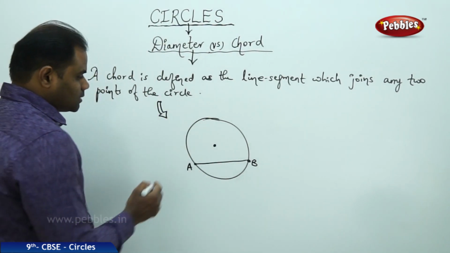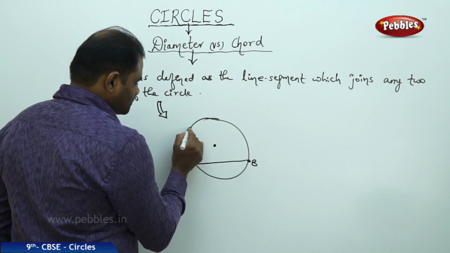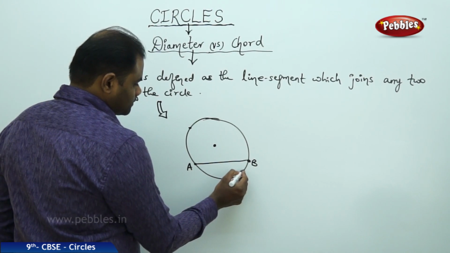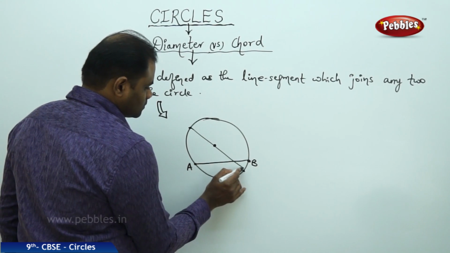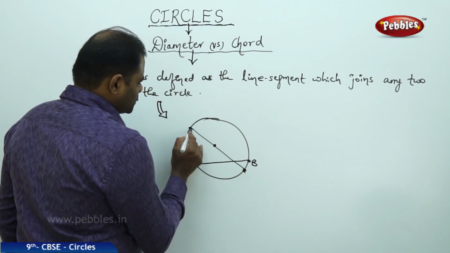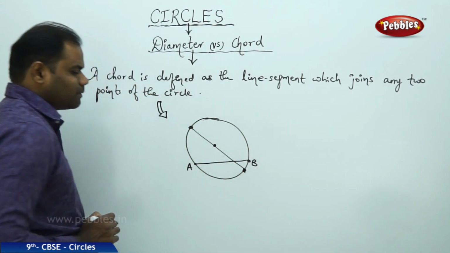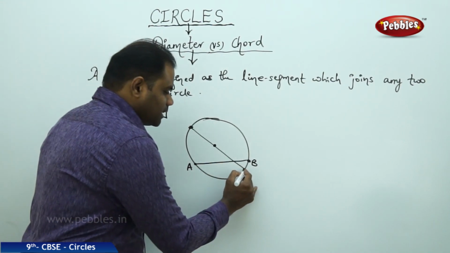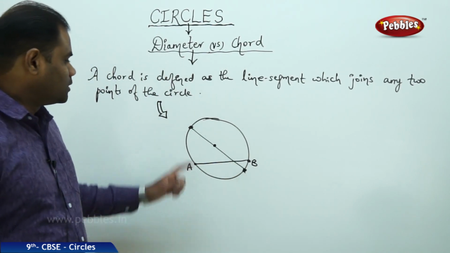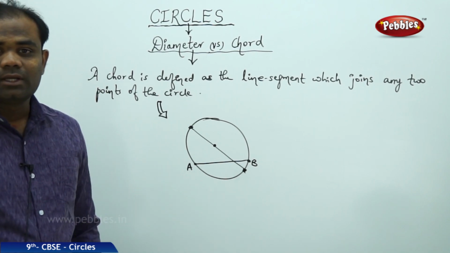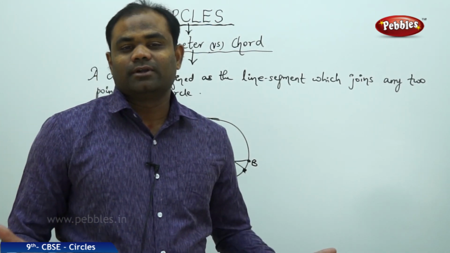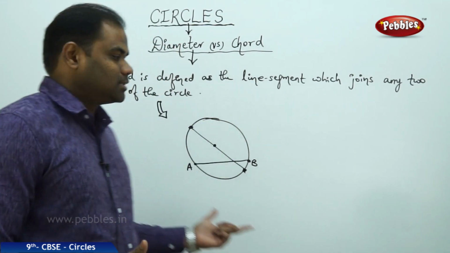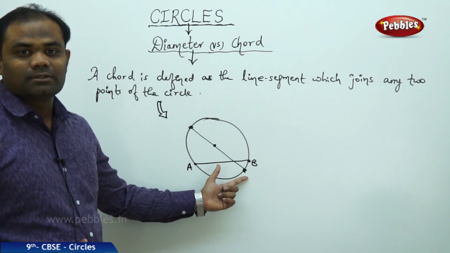So if I connect any 2 points in such a manner that it passes through the center, then I can say that a line segment or a chord which passes through the center is the diameter, because a chord is defined even for a diameter.